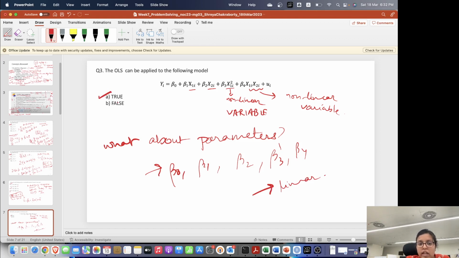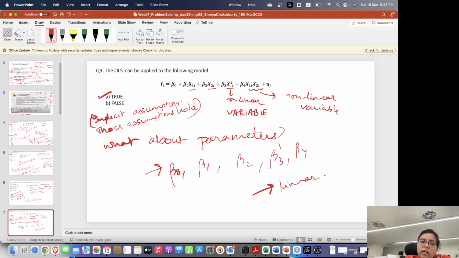Now we have to check, this is with the implicit assumption, just keep in mind that those assumptions that we mentioned hold. We can anyway apply OLS, but it will not be the correct thing to do.